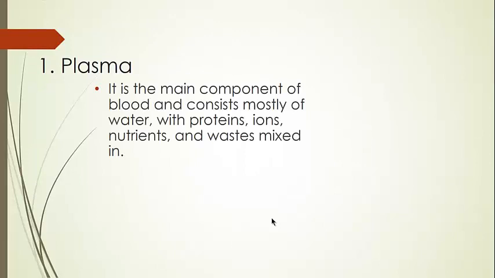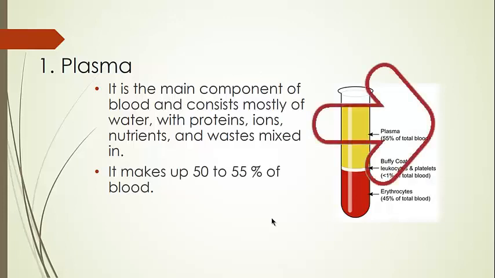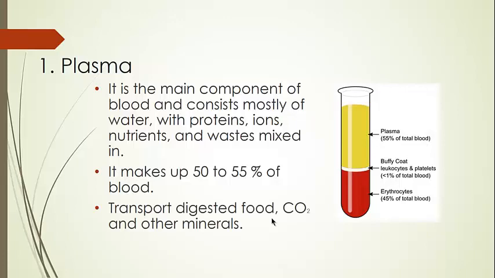The first one is plasma. Plasma is the main component of blood. It usually consists of water, proteins, ions, minerals, nutrients, waste, and everything. As you can see in the diagram, plasma makes up 50 to 55% of blood. Coming toward the function of plasma, plasma helps in transportation.